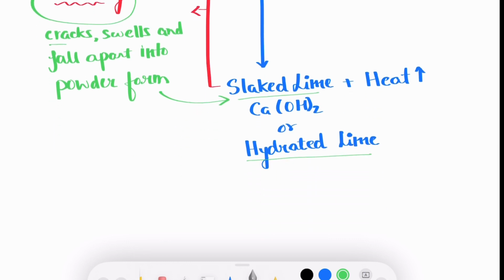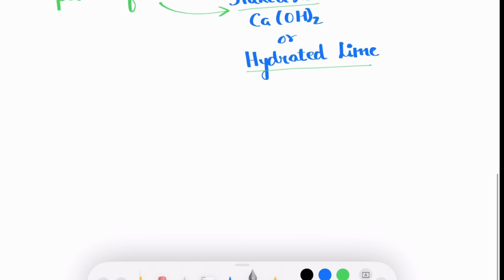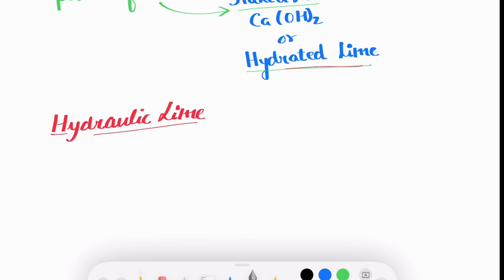Now there is another term called hydraulic lime. Now, what is hydraulic lime? You see here we have hydrated lime and there is another term called hydraulic lime, and both are totally different terms.